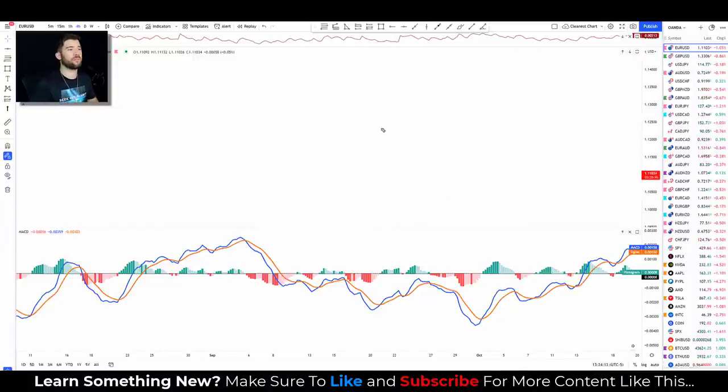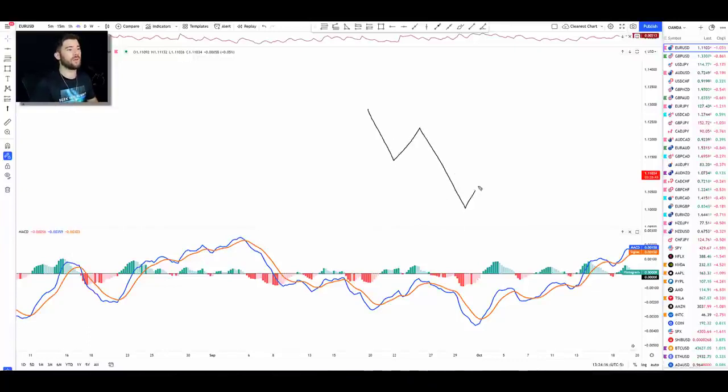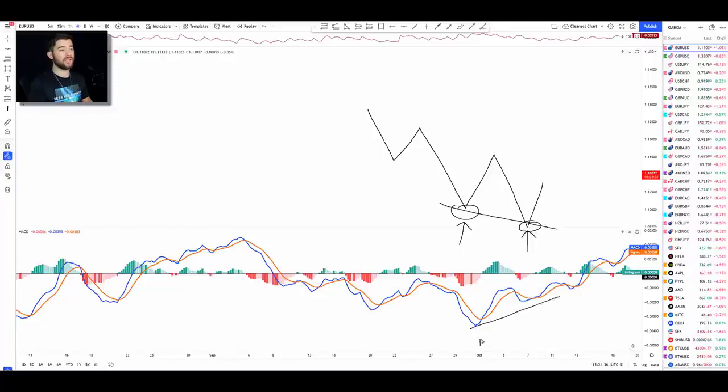Divergence would be if price is heading lower, lower, lower, and the indicator you're looking at, in this case the MACD, instead of making a lower low like we did right here, this low being lower than this low, does something like this, goes from a lower low to a higher low. That is what we call divergence. Now, the MACD indicator is one of the best indicators I've found to use divergence to help point out possible reversals.